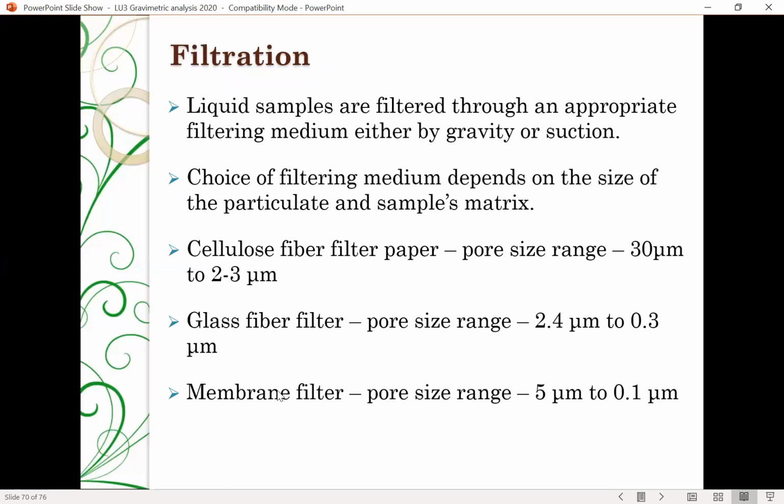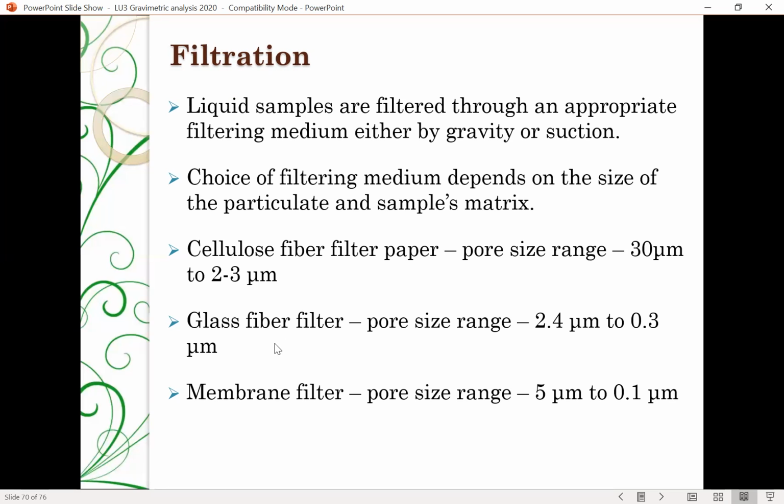So these are some of the examples of filter paper that you can choose. Let's say you have particulate size which ranges from 30 micron to 3 micron. So you can use cellulose fiber filter paper. What about glass fiber filter?